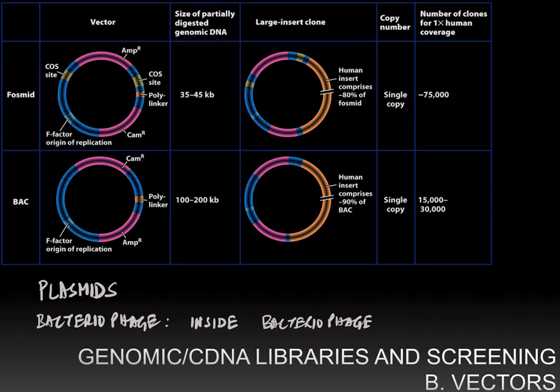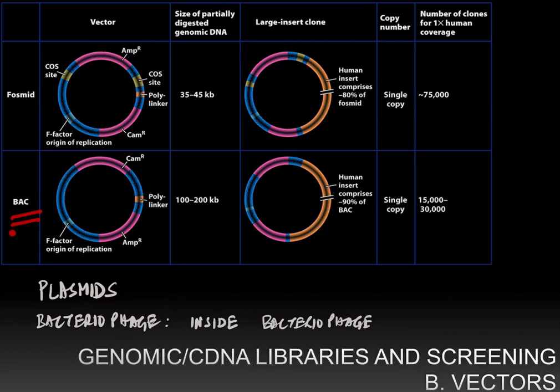But once they're inside the bacterial cells, these cohesive sites or COS sites cause the viral DNA to circularize. And since the viral DNA or the plasmid DNA carries the origin of replication, this will then start replicating in bacteria along with the bacterial chromosome.